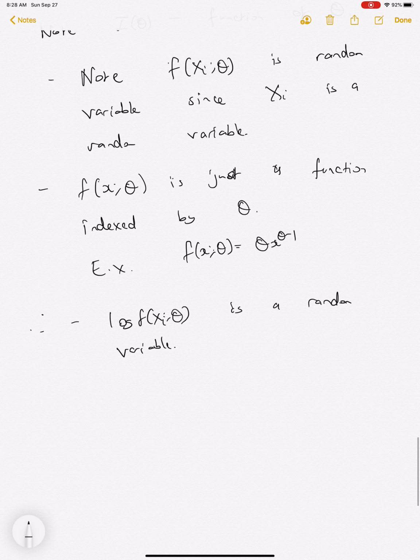And therefore we can also say that negative d squared log of f of x_i given theta, d theta squared, is also a random variable.